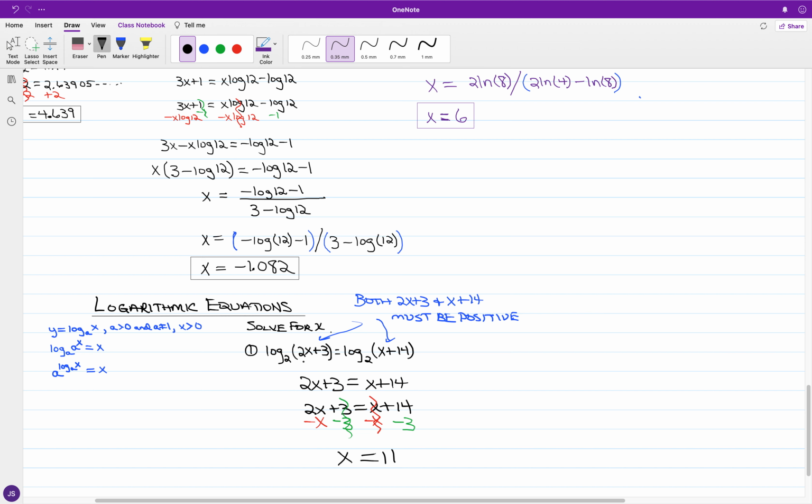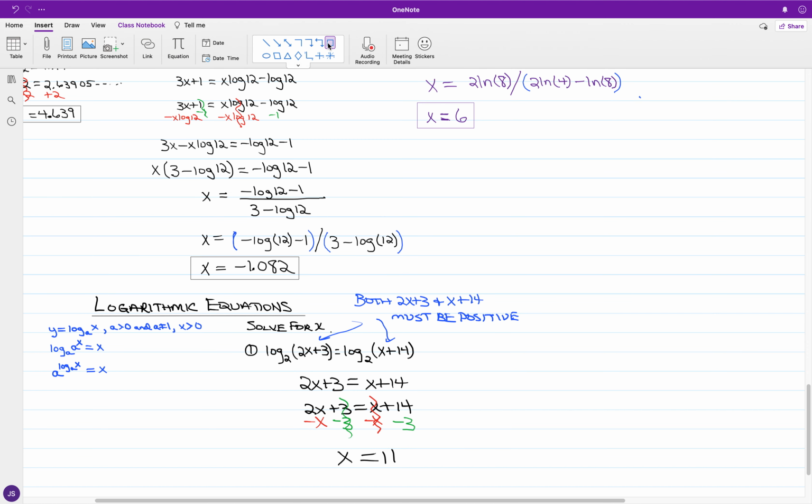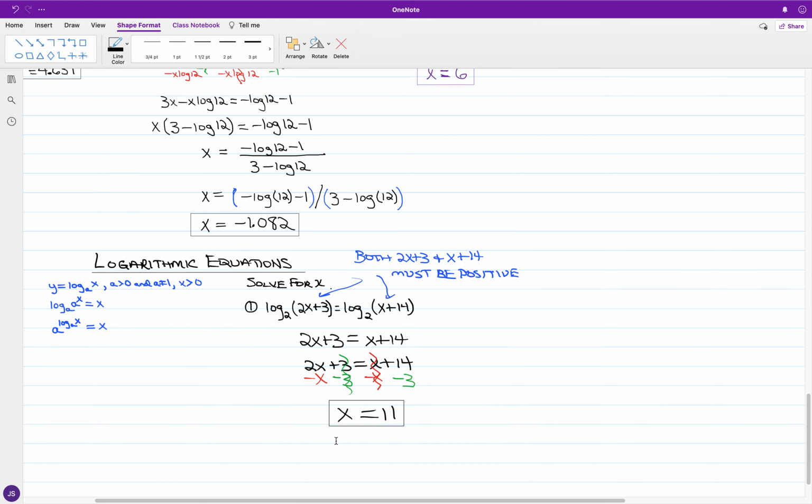You can double check here. We got base 2 logarithmic terms, and I want the attachments to be positive values that will be equal. So 2 times 11 is 22, plus 3 is 25. And guess what? 11 plus 14 is also 25. So the attachments are equal and both are positive. So we have 11 as the official value of x that will make this statement ring true.